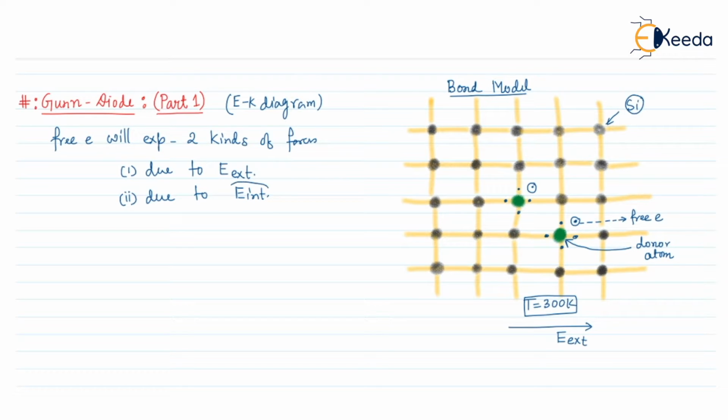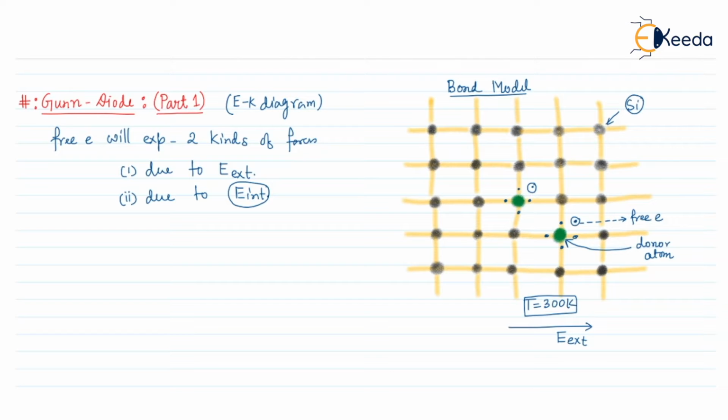So what will be the E internal? E internal is due to the force created by the Coulombic force inside the atoms, because there are electrons and there are nuclei. When these electrons move around the crystal, they encounter some Coulombic interaction with the electric field.